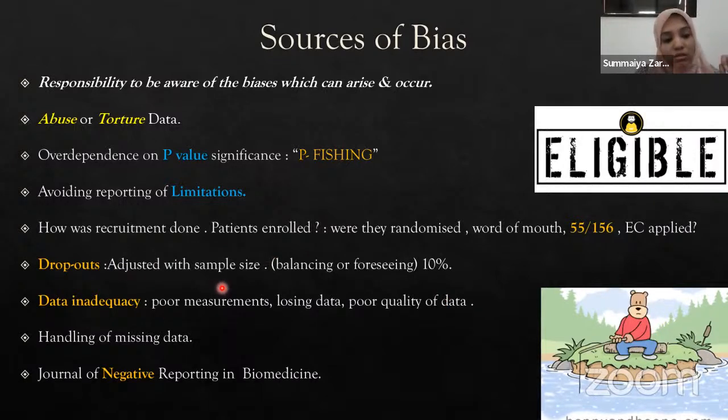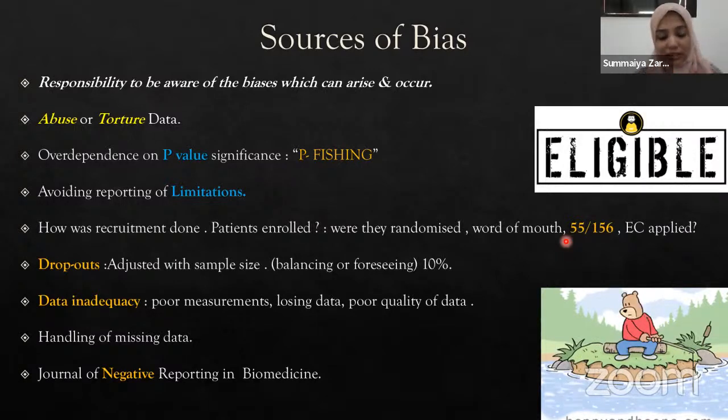Dropouts is out of, for example, these 55 participants, which were your sample size of a particular group. Even if it is a one-time study, or an intervention study, there must have been dropouts. And it is very much possible to have dropouts, due to whatever reasons you have.